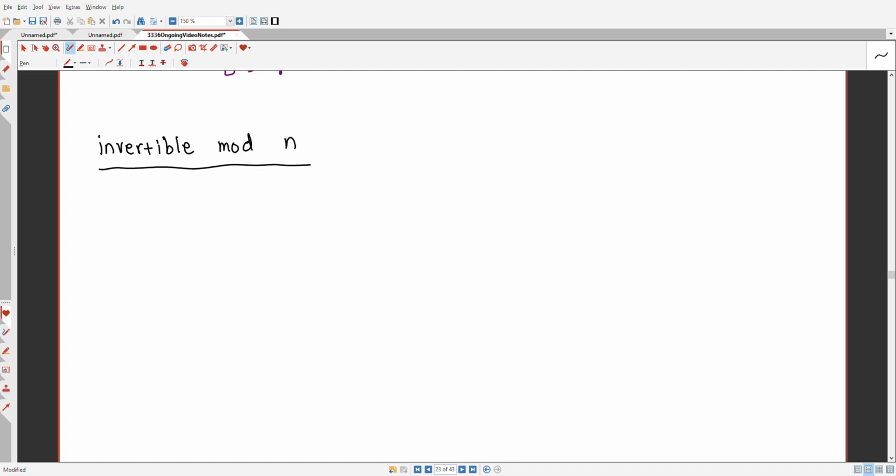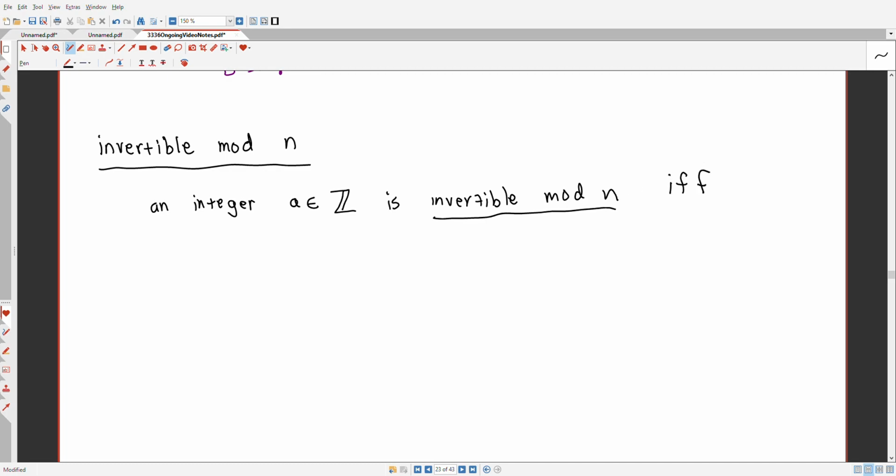This one is mentioned in textbooks for this course, but what I'll say is an integer, again, I'll call it a, is invertible mod n, that's sort of my phrasing, if, and only if, there exists another integer such that a times that other integer is congruent to 1 mod n.